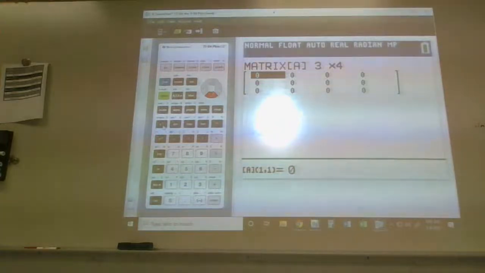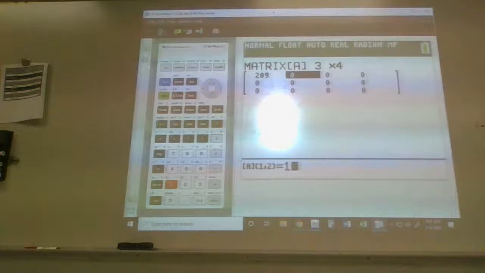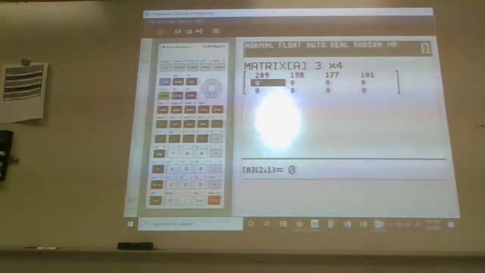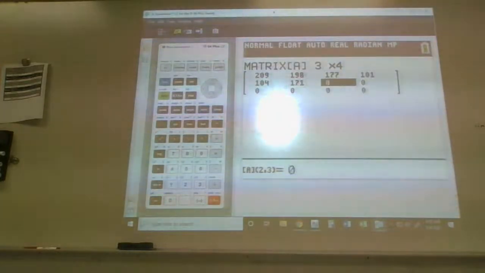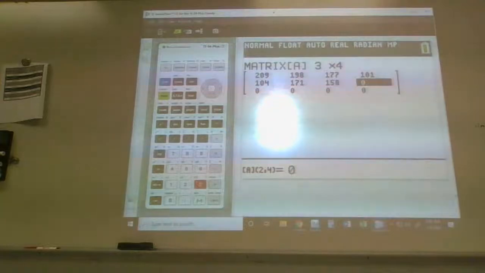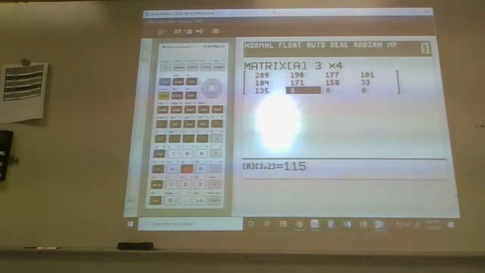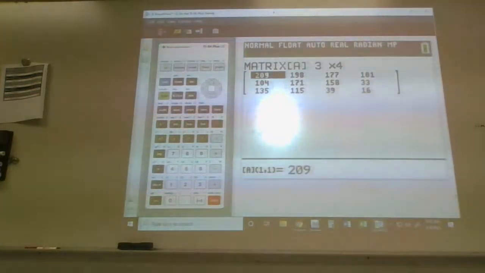Type in the numbers that I just wrote down before for this homogeneity example. Just the numbers, obviously. Let's see: 209, 8, 7, 101, 104, 171, 158, 33, 135, 115, 39. It's always in the form of row by column.